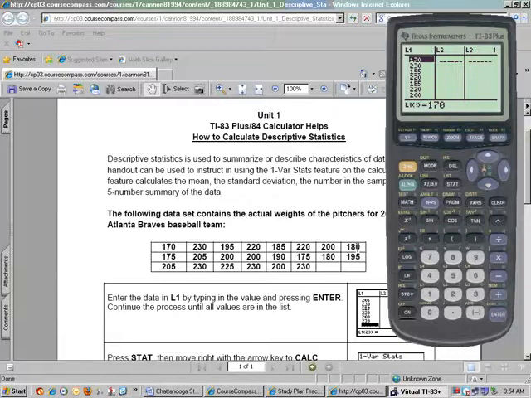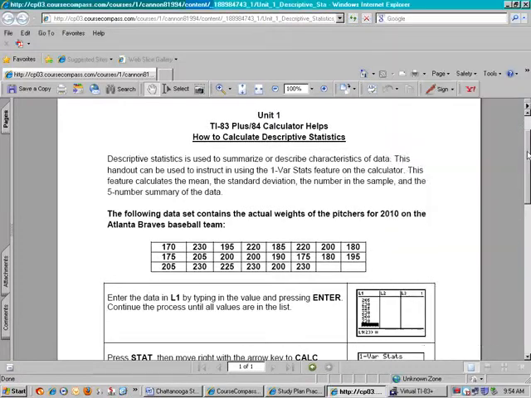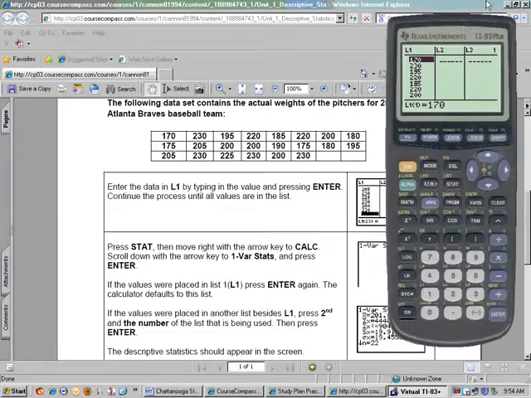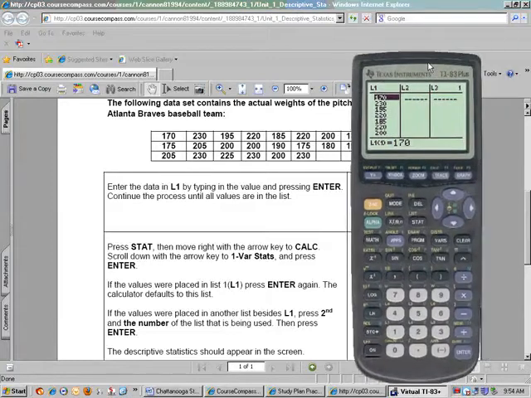I currently have these values typed in, so you may need to pause the video and type in the values that are on the handout. Let me go through the steps with you on using the calculator. Notice the very first thing it says: enter the data in list 1. That's what we have done, so press enter and continue the process.